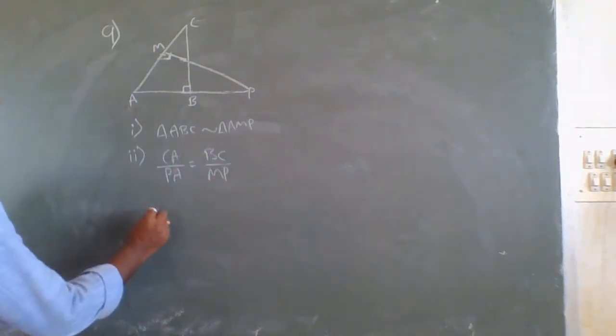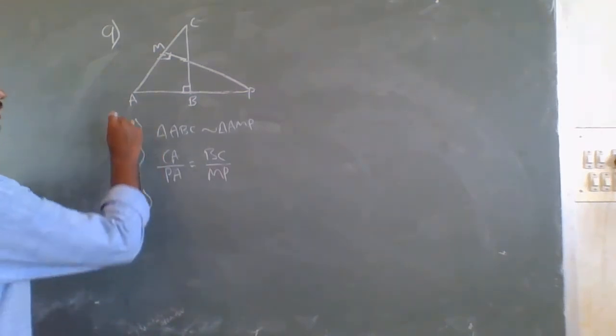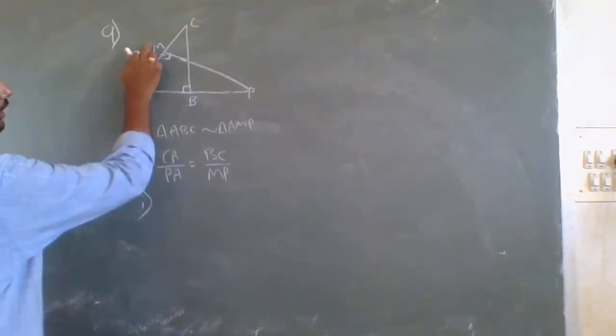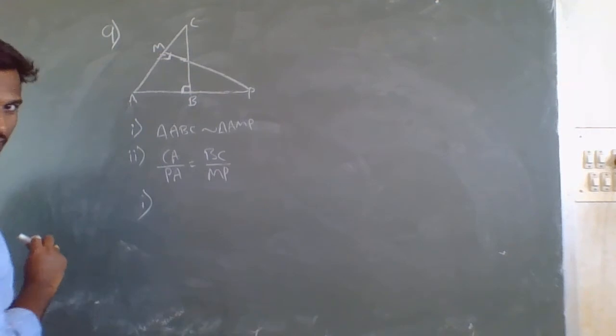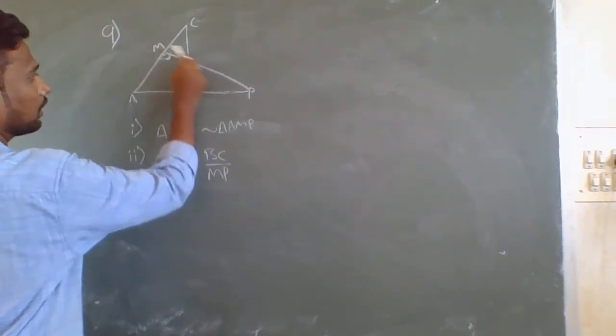Here, in triangles ABC and AMP, angle B is 90 degrees in triangle ABC, and likewise angle M is 90 degrees in triangle AMP.